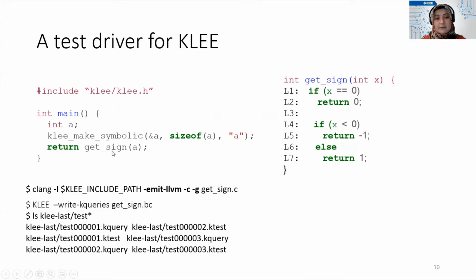Since my getSign function expects an integer value, first I declare it as symbolic by passing the address to klee_make_symbolic, providing sizeof(a), and then providing a descriptor string. In this case, I just provide a.